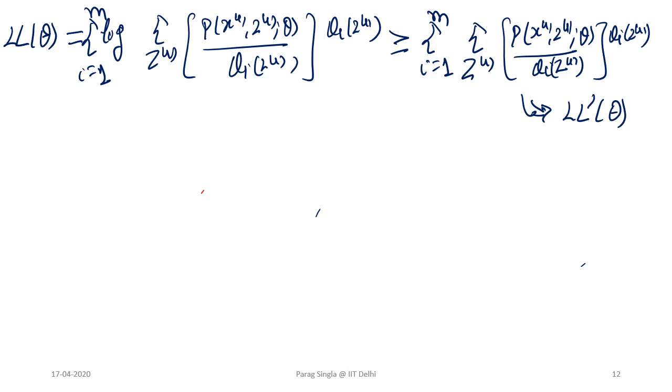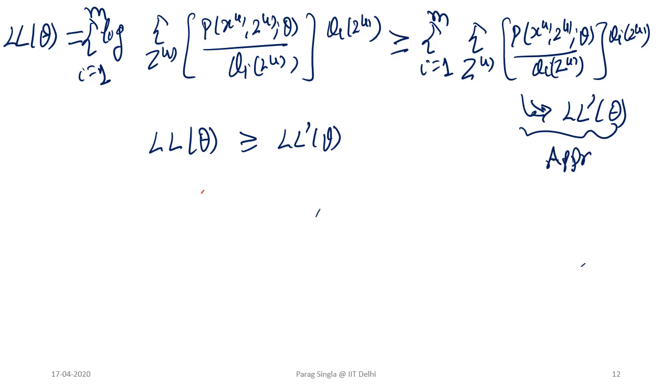So what we have done here is LL theta is greater than or equal to this LL prime theta, which can be thought of as an approximation or lower bound on the original likelihood, and which is hopefully something tractable. Why? Because we have moved the sum outside the log. In fact, I have to correct it here. There is a log here.